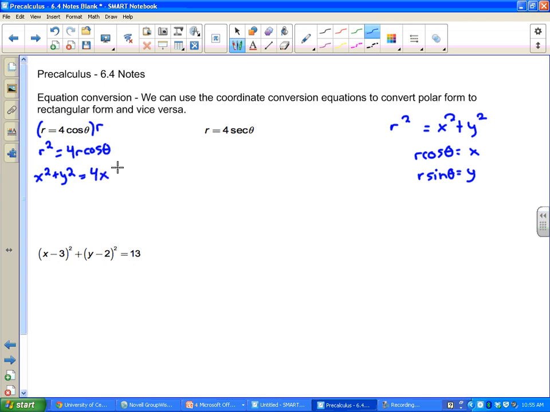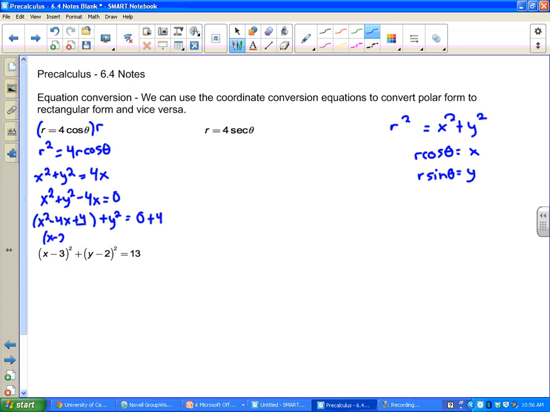And then in the book, it asks us also to look at this graph. So I would move everything to one side here to think about this graph, and I would actually complete the square on the x's here. This is a circle formula. If I complete the square here, I divide by 2 and get -2, and I square that and I get a +4 that I add to both sides.